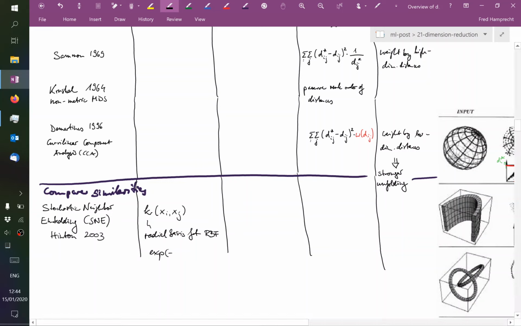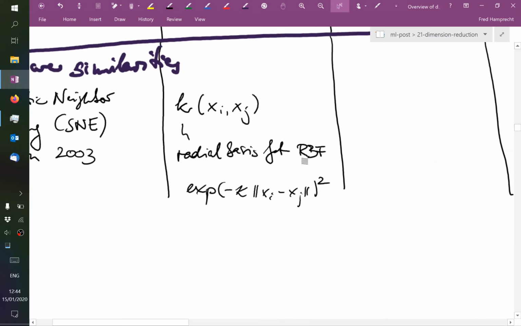So let's say we have e to the minus some parameter times xi minus xj squared. And importantly, he made this parameter depend on the observation. So it's a radial basis function, but it has been scaled for each observation.